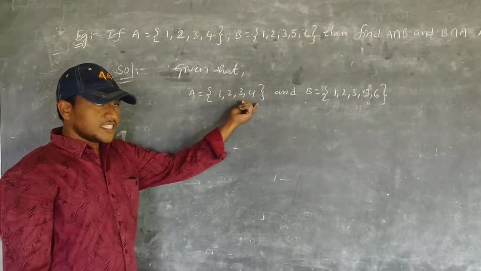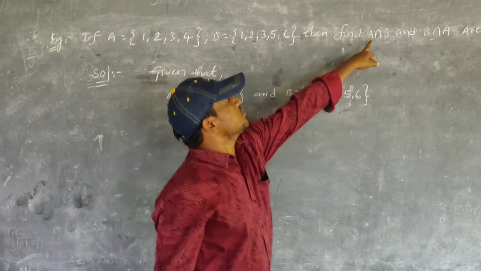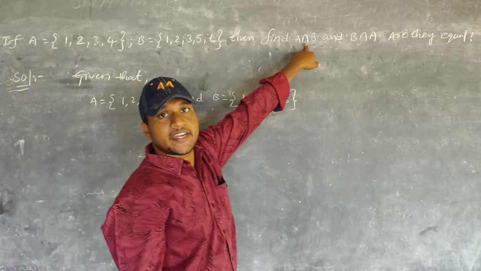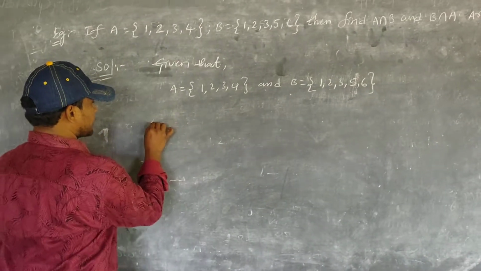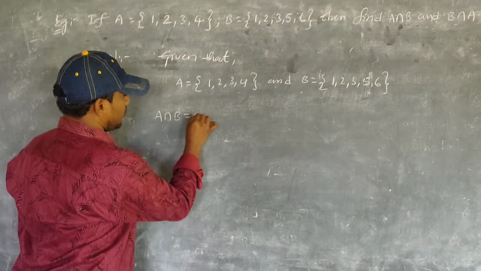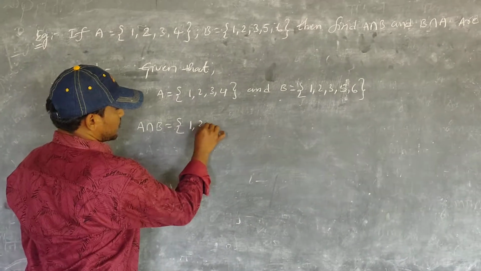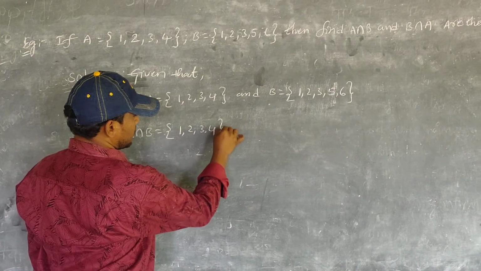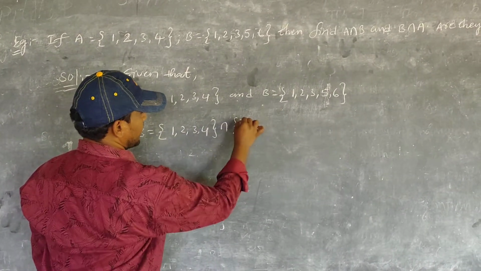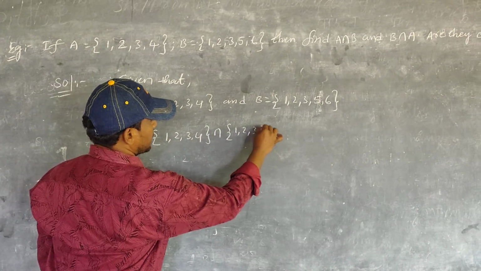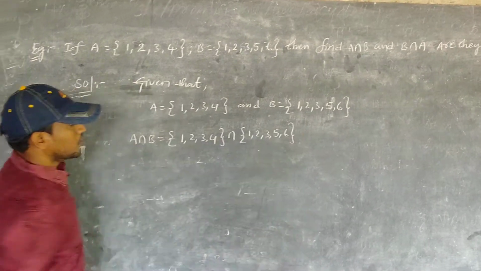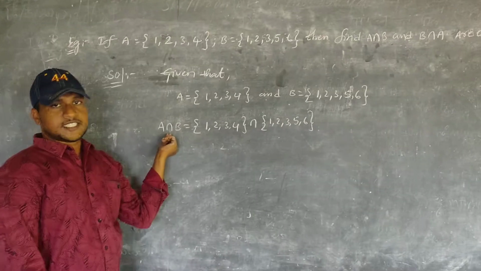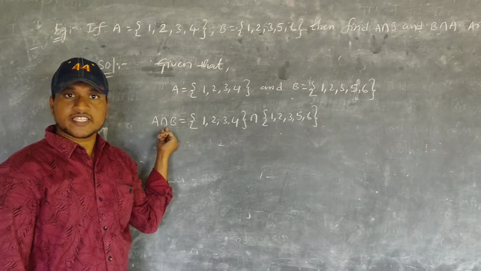Set A is given, set B is given. We have to find A intersection B. First of all, A intersection B: set A is {1, 2, 3, 4} and set B is {1, 2, 3, 5, 6}. What is the intersection of the sets?